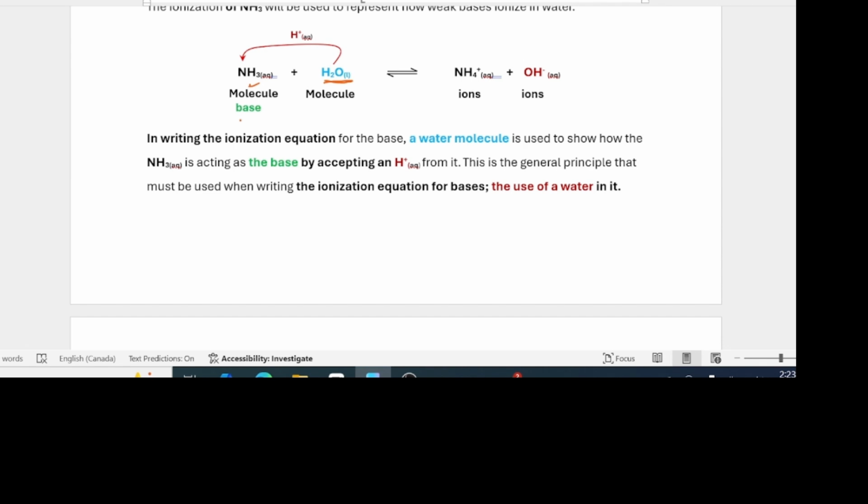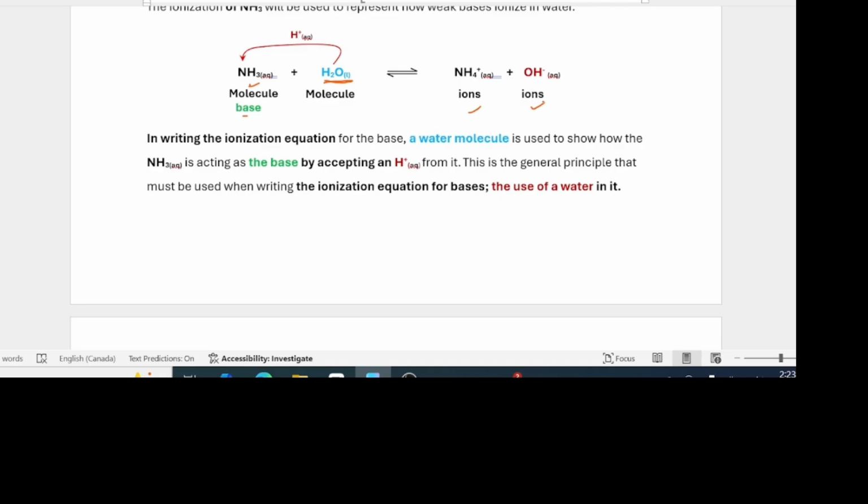Because the ammonia is accepting a proton from water, it is acting as a base. And of course, the water molecule there is acting as an acid. So when this happens, we end up with ammonium ions and hydroxide ions.